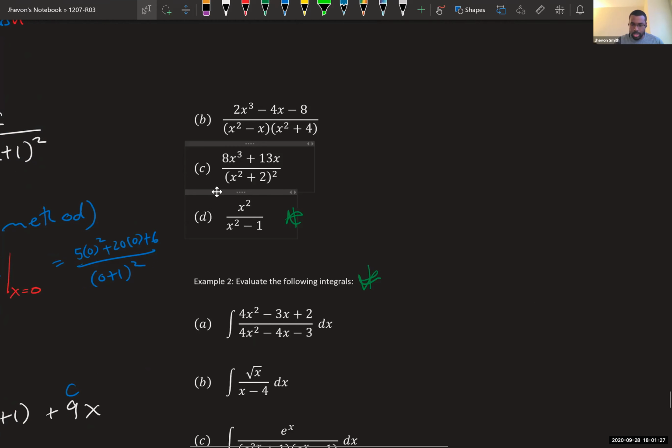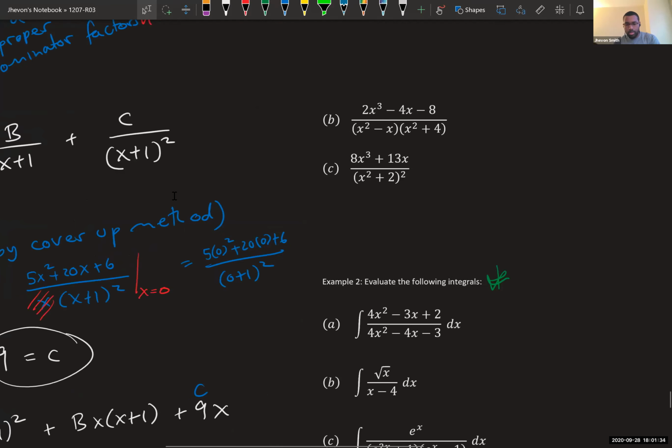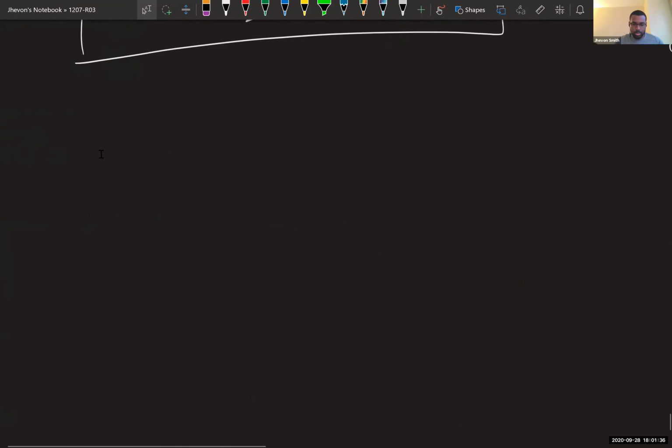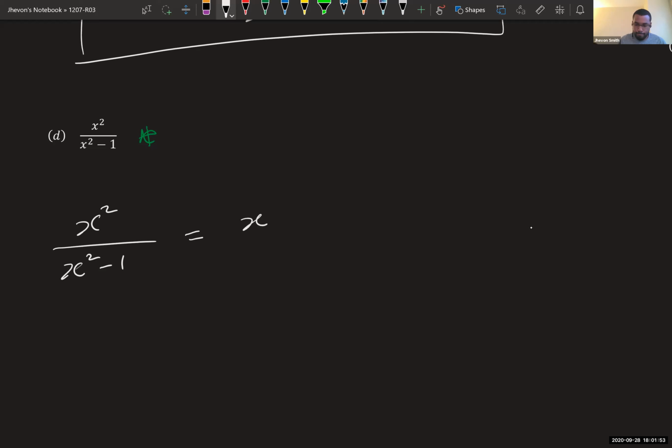So let's do D. Okay. All right, someone else tell me. Let's get a move on. I added one and subtracted one on the top so that I could separate it into 1 plus 1 over x squared minus 1.